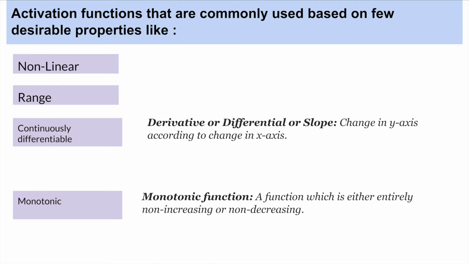Now I will talk about what exactly an activation function is, what its use is, and how it helps for training and updating the weights. The first term I will use is non-linearity. If the activation function is non-linear, then a two-layer network can be proven to be a universal function approximator.